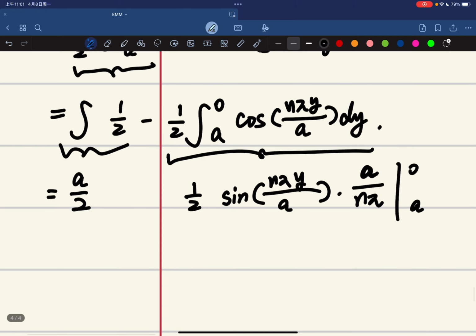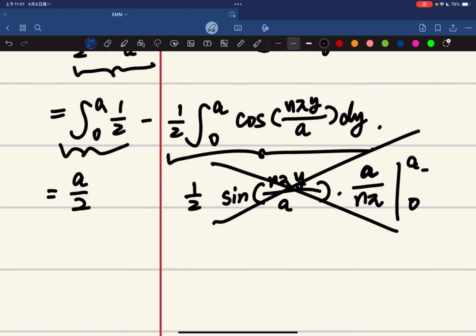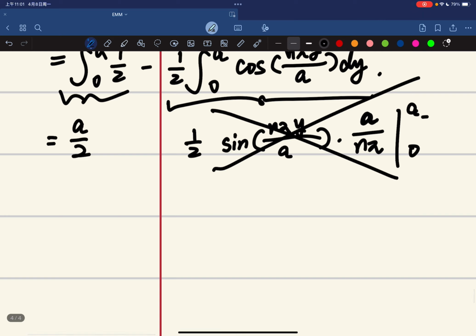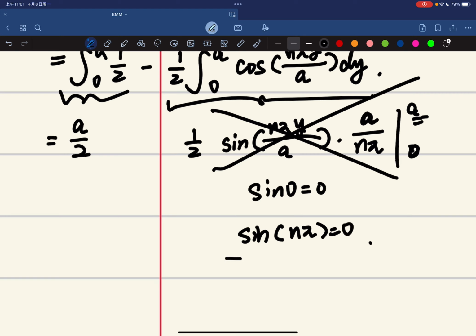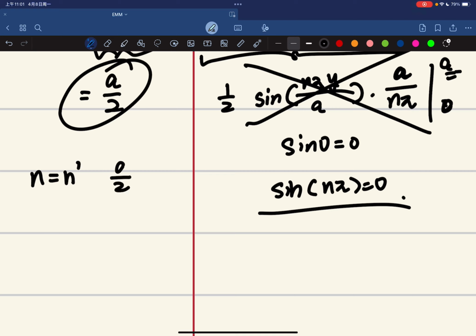Oh, actually I wrote it the opposite way. It should be from 0 to a. And this is 0, because when y is equal to a, it is actually sine n pi, which again equals 0. So when n equals n prime, this integral is a divided by 2.